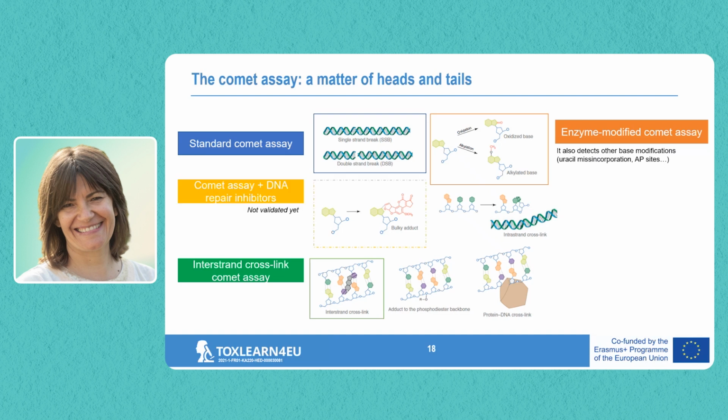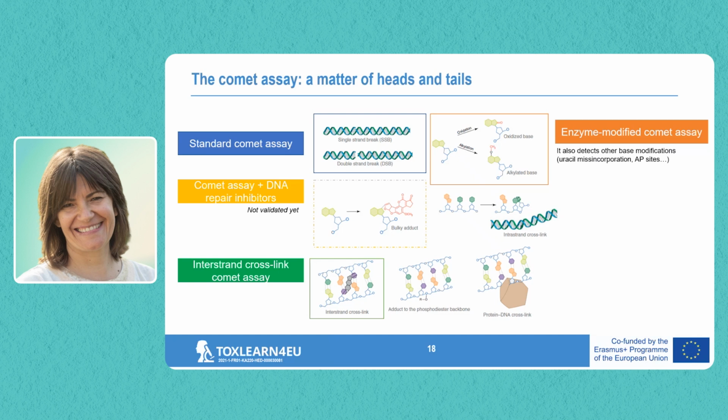There is another version that uses the Comet Assay in combination with DNA repair inhibitors. It has been used to detect bulky adducts, but we are not sure it can really be used for the diagnosis of bulky adducts. In this case, what we do is stop the repair, so the breaks accumulate, because breaks can also occur during repair.